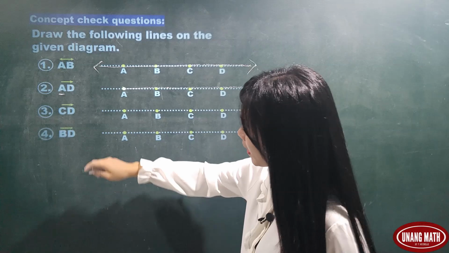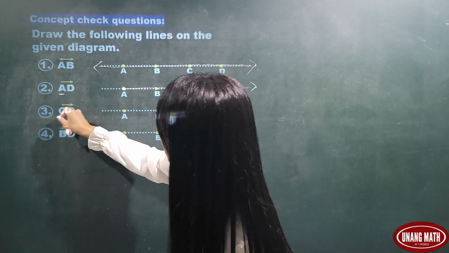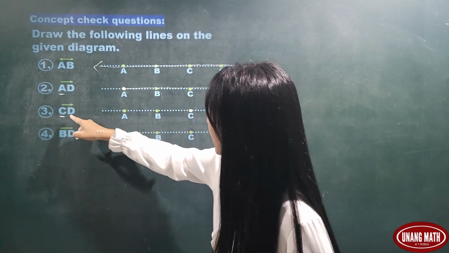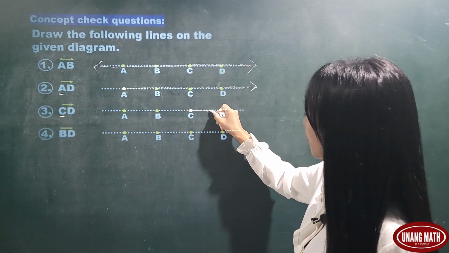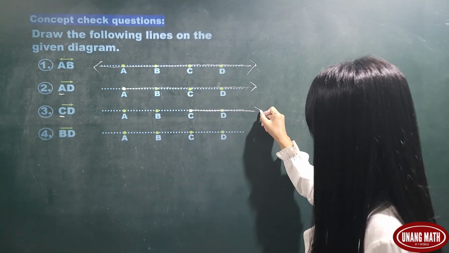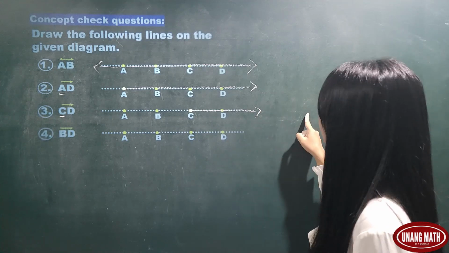Okay, number 3, the symbol is also ray. So C is our starting point. So where's point C? This point. And here's point D. So if we are going to represent ray CD, the starting point is C, then draw a straight line, and there must be an arrow pointing to the right.